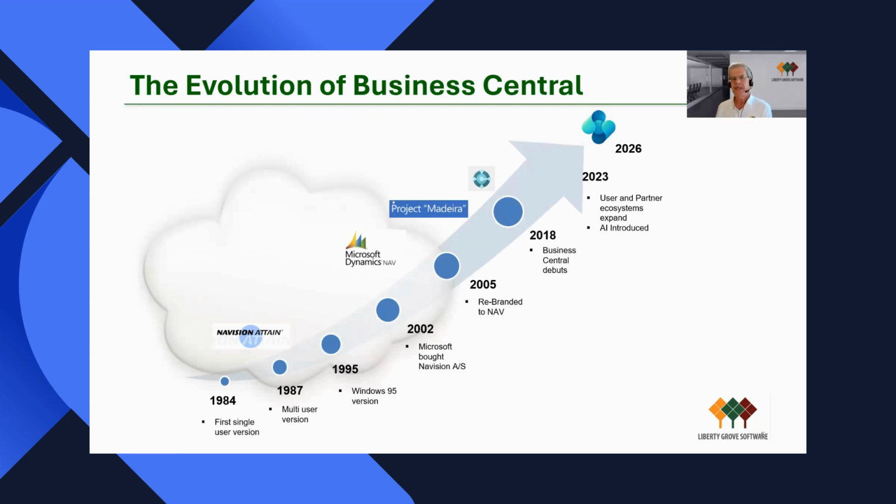So BC started out as a single user version in 84. It's evolved and migrated. It's come a long way in the last 2-3 years in particular, and is gaining even greater momentum as it moves forward. As you can see, we now have a new logo amongst a lot of good technical and functional changes in the package.